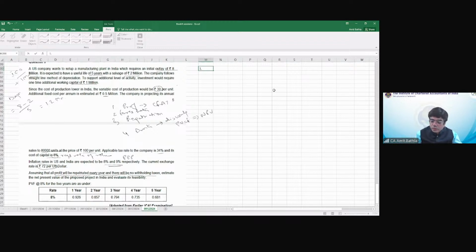So, first, initial investment in USD. How much is my initial investment? I am told my initial outlay is rupees 8 million, given to you in rupees. That is 80 lakhs, am I right?